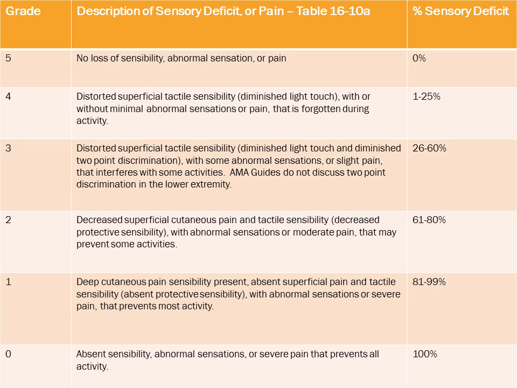And then remember what we said earlier about how this pain interferes with activity, and specifically with activities of daily living when it comes time to assign your percent of sensory deficit. And in fact, most of the sensory deficits, even a 100% sensory deficit or even severe pain, does not qualify for much, if at all, permanent impairment, at least as relates to percent of sensory deficit.